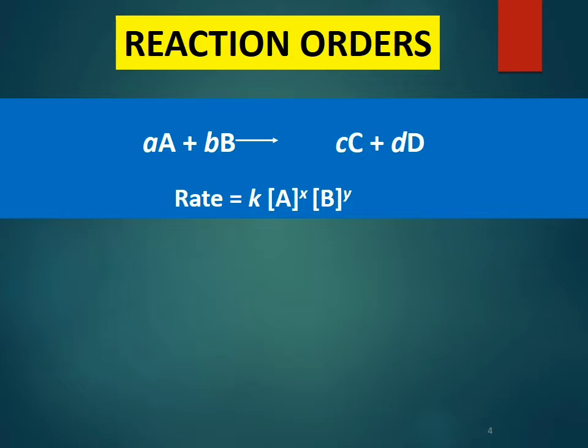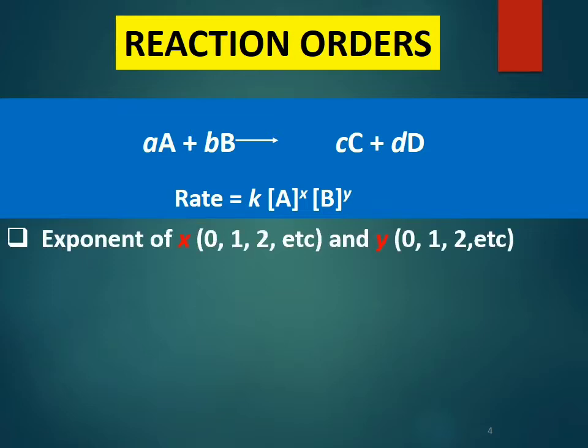What are reaction orders? Based on the general rate law given, rate is equal to k, concentration A to the power of x, and concentration B to the power of y, the reaction orders here are x and y. Reaction orders are integers starting from 0, 1, 2, and so on.